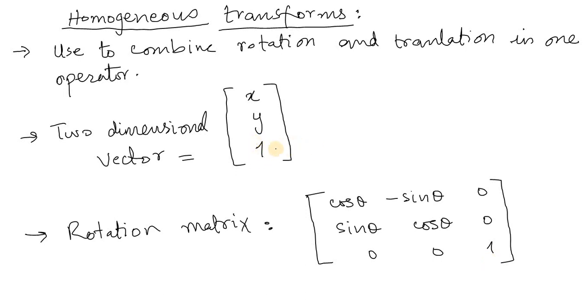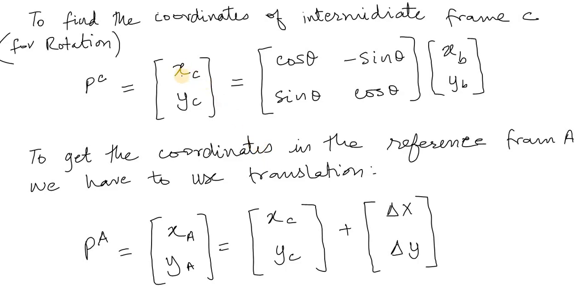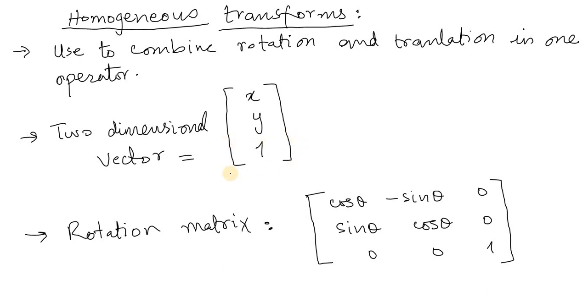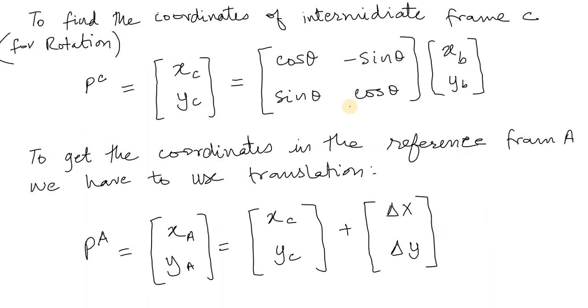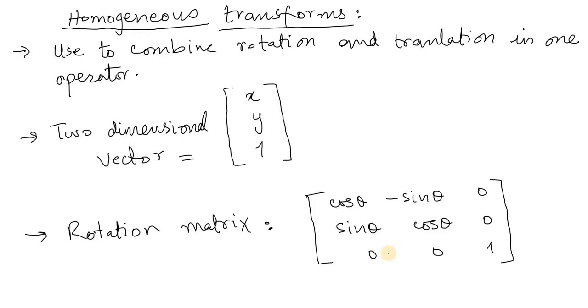Why we are adding 1 here? Because if you see the previous vectors, position vectors here, only x, y were there. But here we have included a third row in this vector. And here also you see that previously it was only cosine theta, minus sine theta, sine theta, and cosine theta. But here we have added one more row and one more column. So this is because to simplify your calculations, and also you see rotation matrix looks symmetric also.